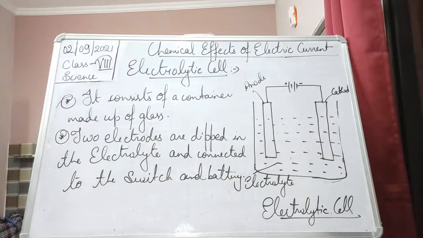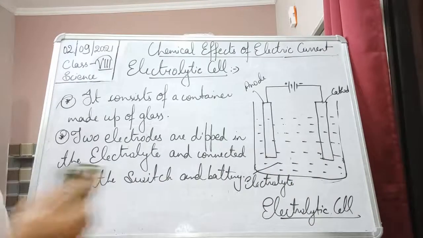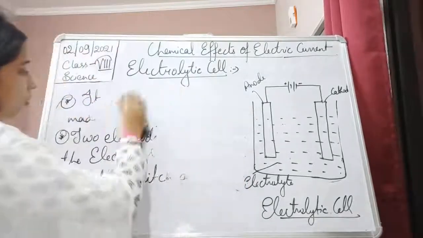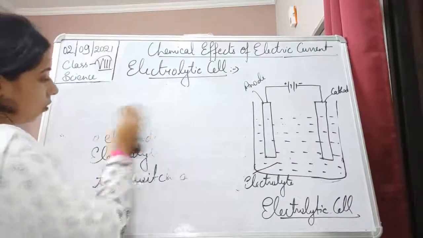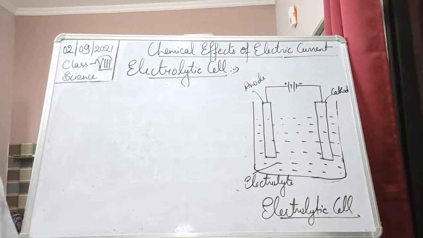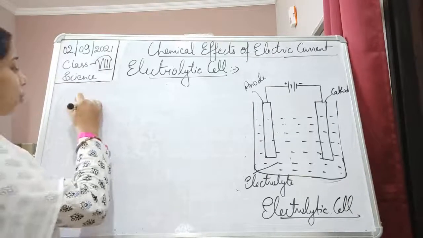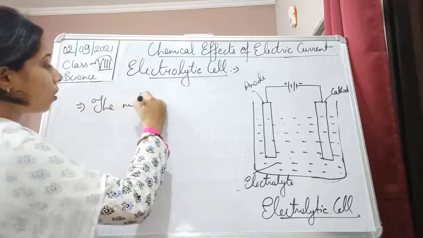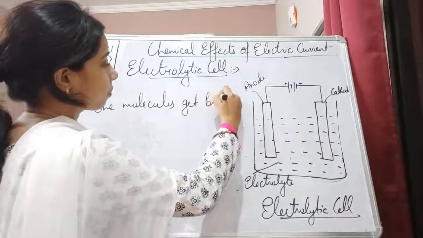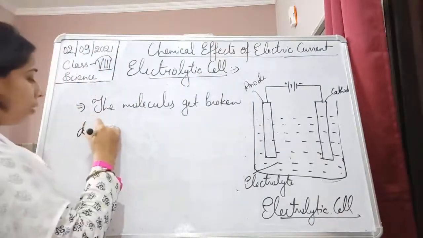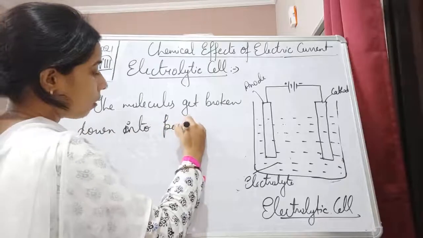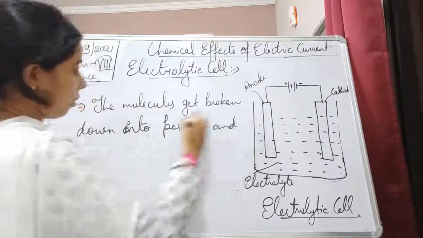So we can say here that when the electric current passes through it, the molecules get broken down into positive and negative ions.